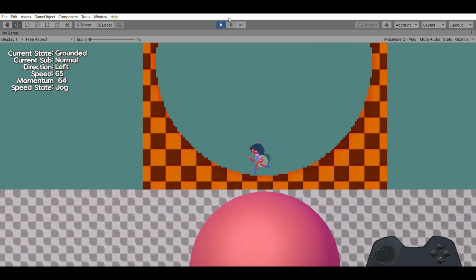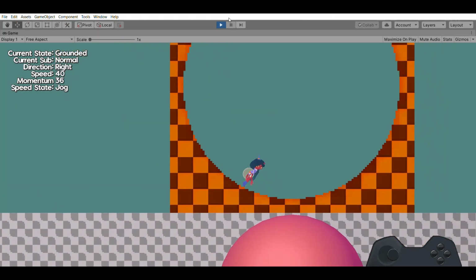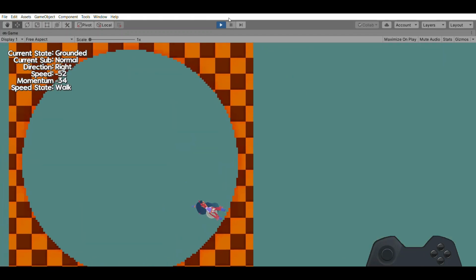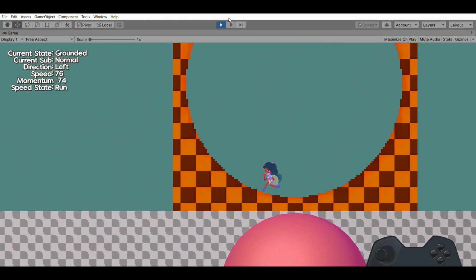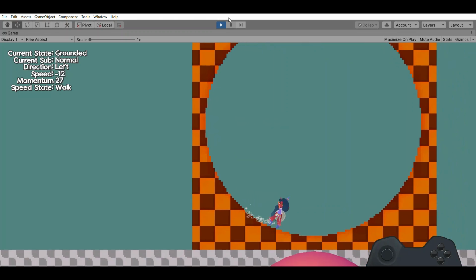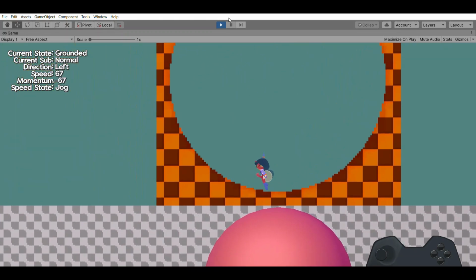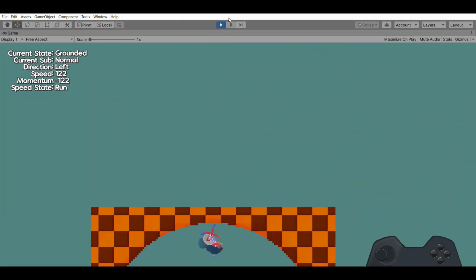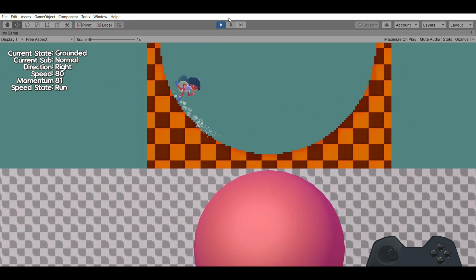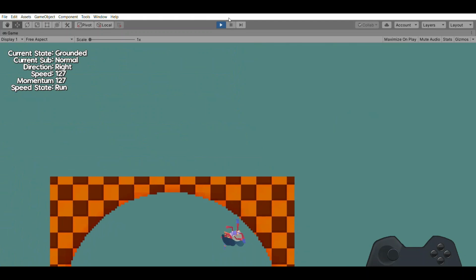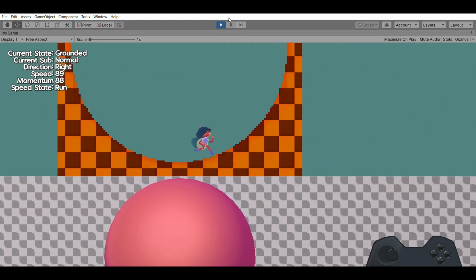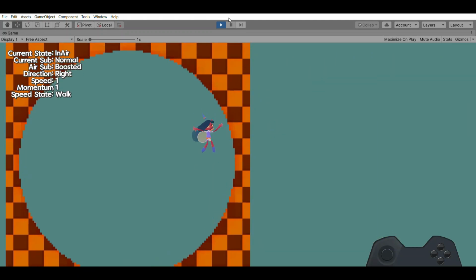They will translate along this for however much speed they have. And then without physics, we just calculate if there is any collision in the way, and if there is, the player just won't move that direction. They will be stopped, or they will move around it depending on what it is. But generally it's just the character moves left or right. If there is collision, they don't move left or right.